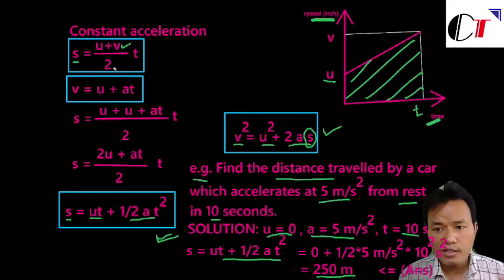For average velocity, you can look at our previous video, or just remember: initial velocity plus final velocity divided by 2 is the average velocity. If you multiply the average velocity with time t, you will get the total distance s. Based on that, we have already derived the equation for the total distance without the time expression, which is exactly this equation. We have just derived that.